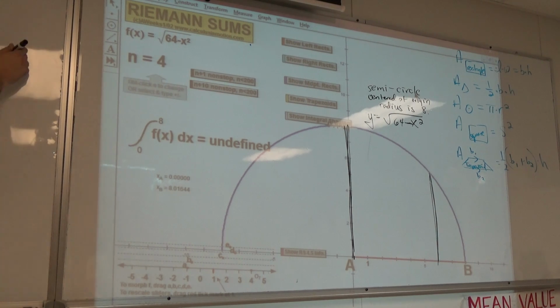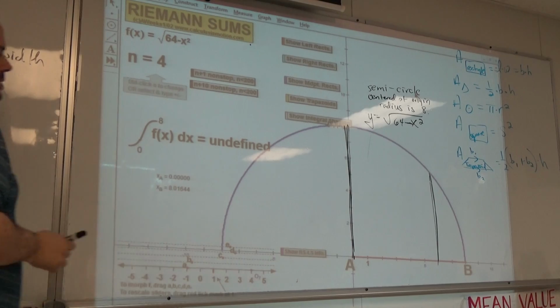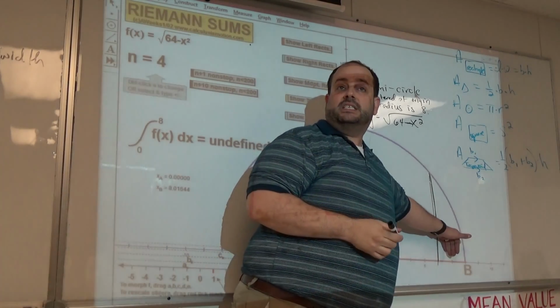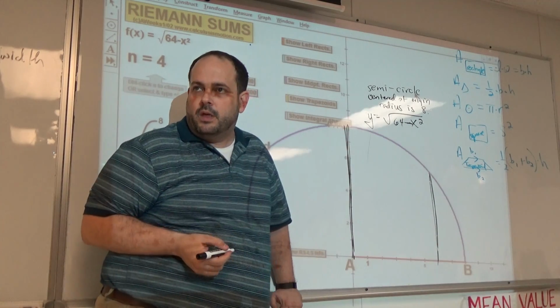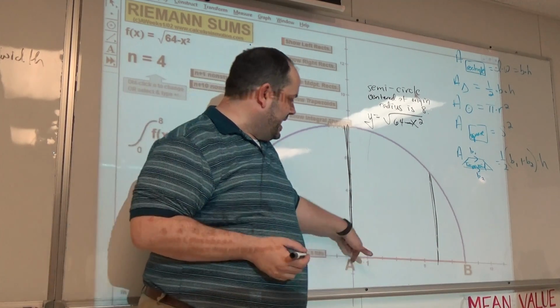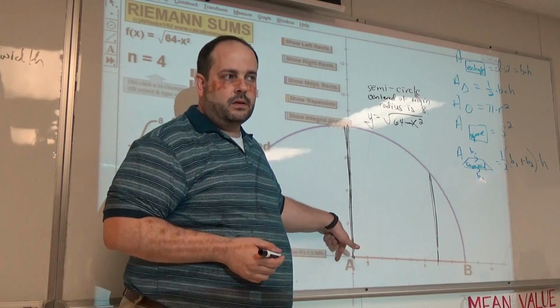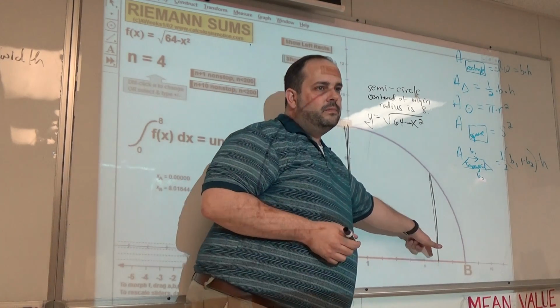What we're going to do is go from 0 to 6, and I want to use 4 rectangles of equal width. So if I'm going from 0 to 6, how wide is each rectangle going to be? 4? Not 4.